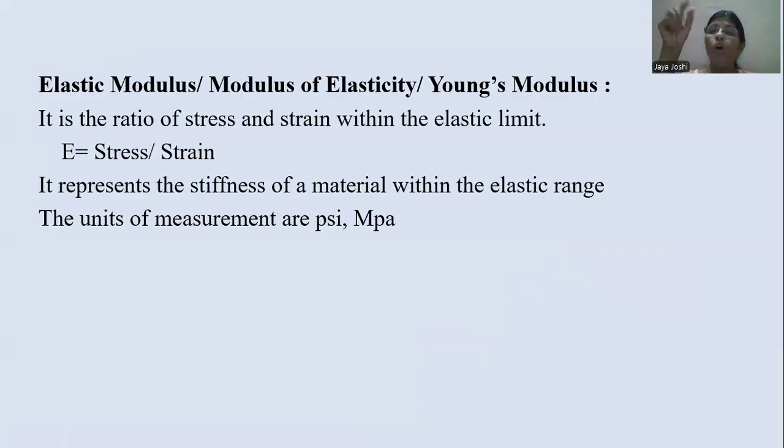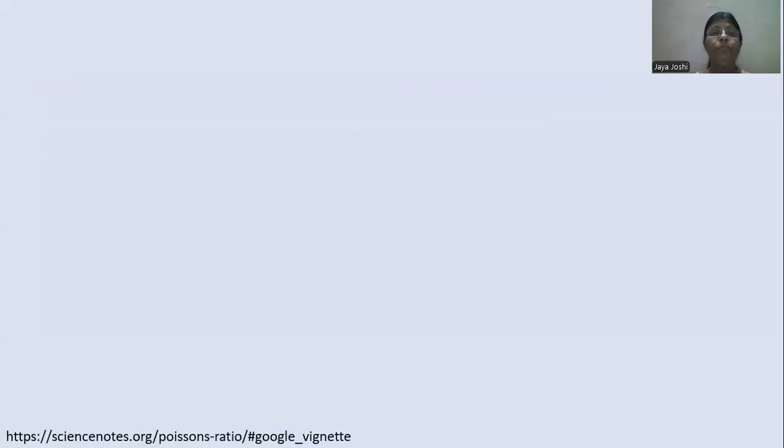The higher the value of elastic modulus, the more rigid the material is. That means even after application of maximum stress, the changes seen in the material are quite less. The units of measurement are pounds per square inch and megapascals.